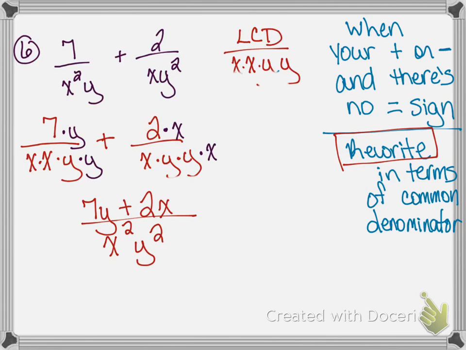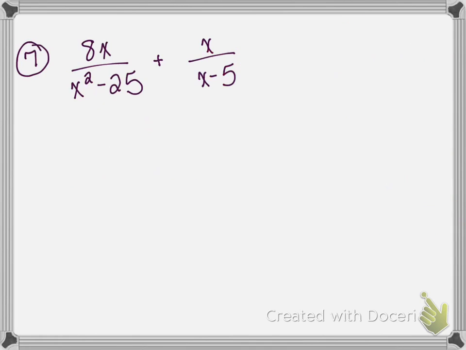Okay. We are going to use those same principles for the next problem because our next problem does not have an equal sign. When you're adding or subtracting and there's no equal sign, you rewrite it in terms of a common denominator. So that's what we're going to do here as well.